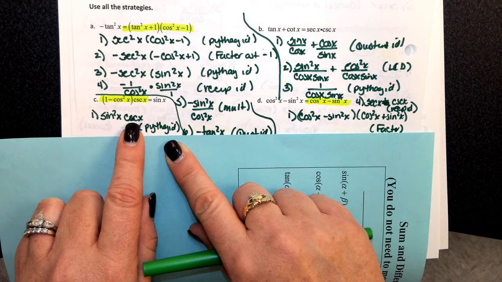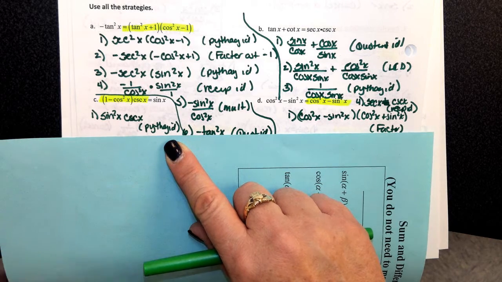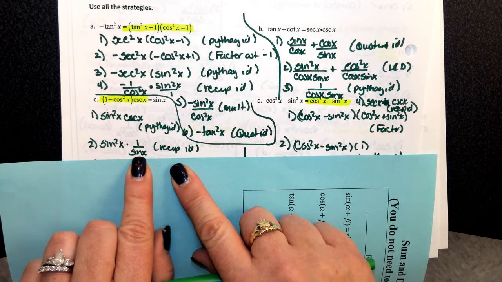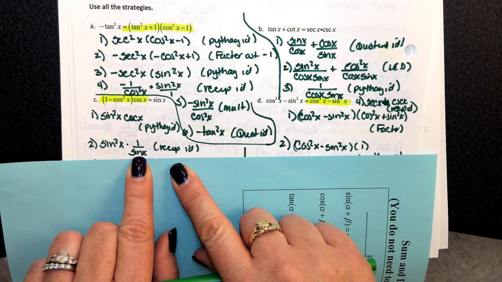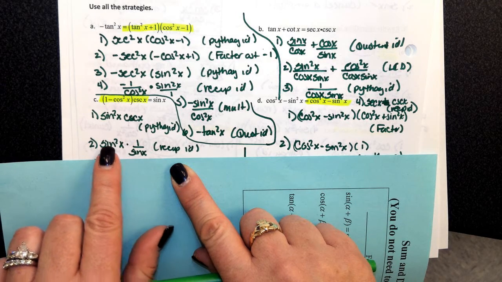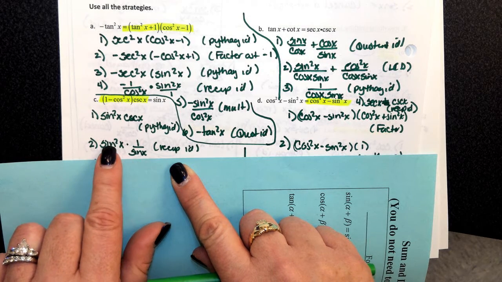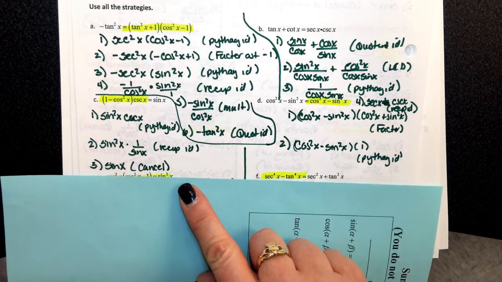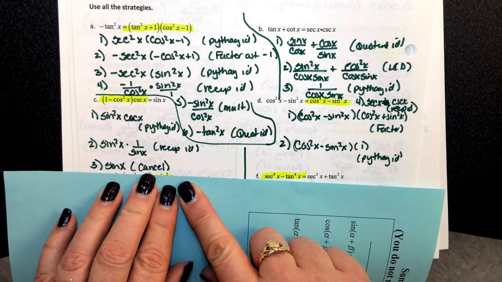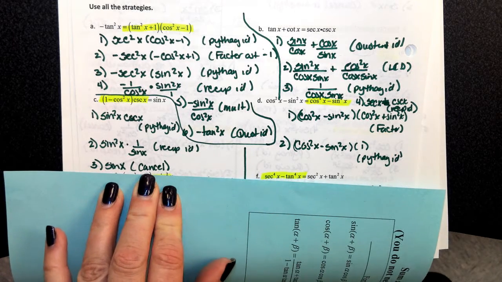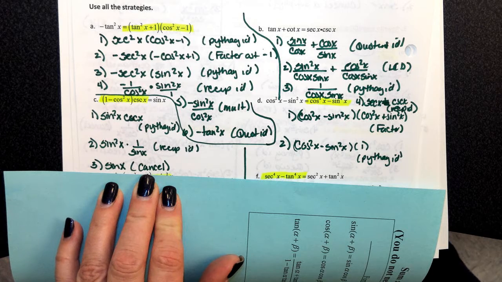So looking at your reciprocal identities, cosecant of x is equal to 1 over sine x. And then when you multiply, remember, you can cross-cancel your common factors. So you can divide a sine x out of a sine squared, and that'll just leave you with a sine x. And if you wrote divide there or cancel, that's fine. Any questions on C?